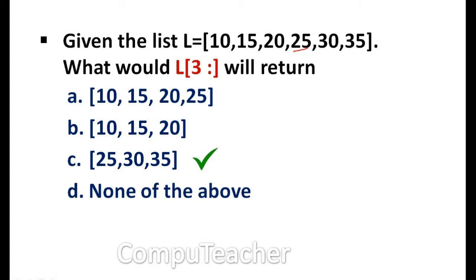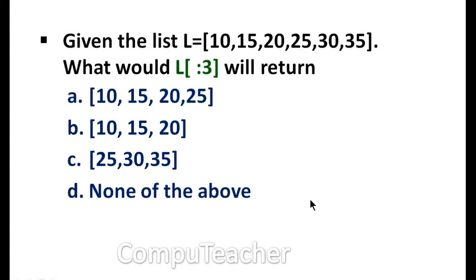Then the stop value is not given. The default stop value is the length of the list, that is up to the value 35. Default step value is 1. So it will return 25, 30, 35. So if the stop value is not given, then it will extract up to the last element.